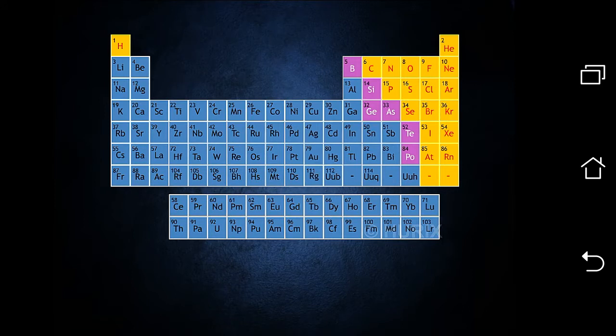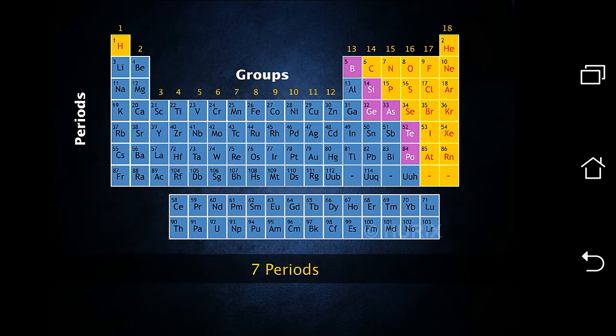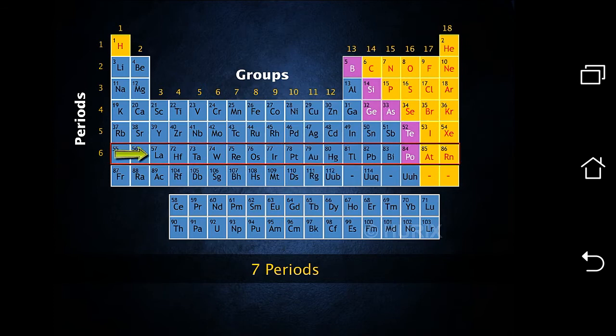The modern periodic table has 18 vertical columns known as groups, and 7 horizontal rows known as periods.